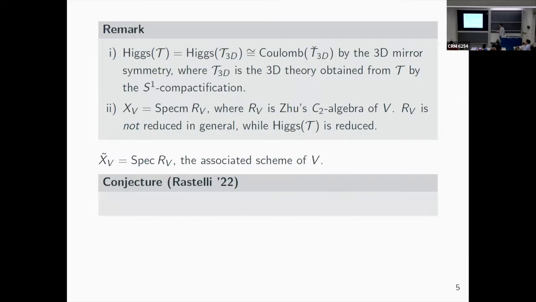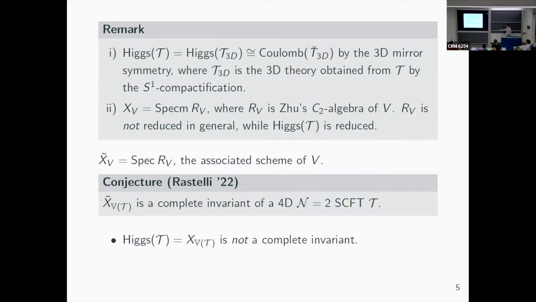And then there is a conjecture by Rastelli that this associated scheme is already a complete invariant of the four-dimensional theory. I should remark that the associated variety or Higgs branch is not a complete invariant, because there are many theories which have just a point as a Higgs branch.